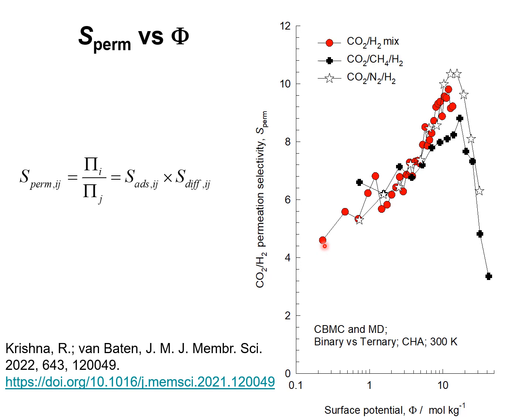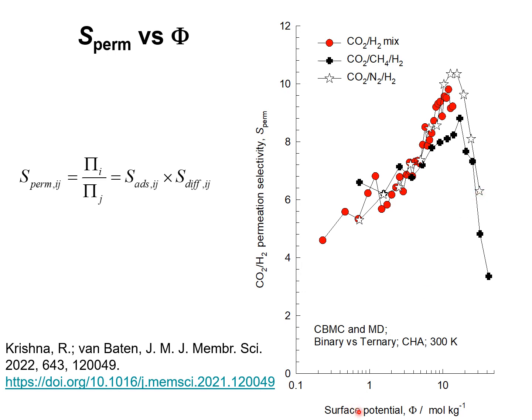Combining the data on the adsorption and diffusion selectivities, we can determine the permeation selectivities, and we note that the permeation selectivity of CO2 with respect to hydrogen in a binary mixture, indicated by these red circles, is the same as the value in a ternary mixture of CO2, methane, and hydrogen, indicated by pluses, and is also close in magnitude to the values in a ternary mixture of CO2, nitrogen, and hydrogen, indicated by the stars here.